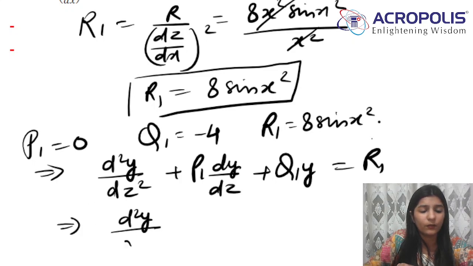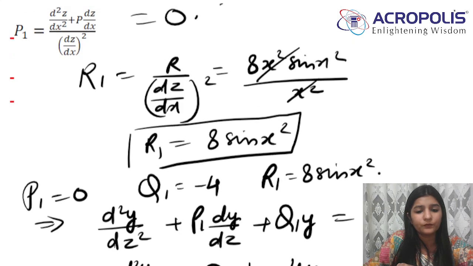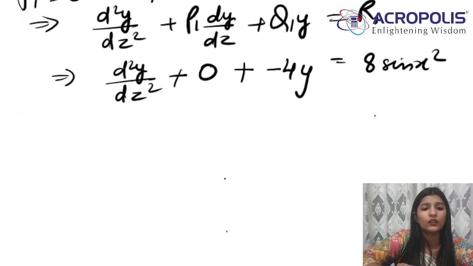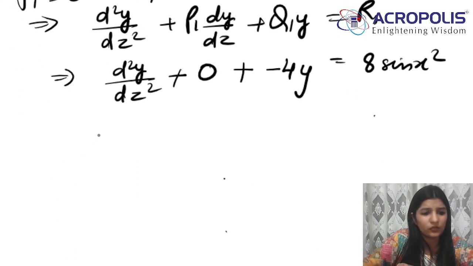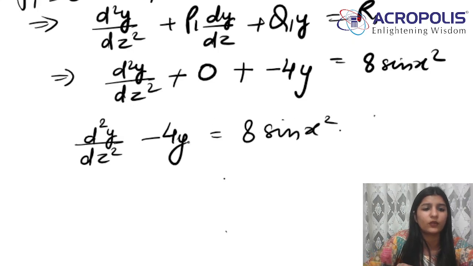d square y by dz square plus P1 dy by dz, the value of P1 is 0. The value of Q1 is minus 4 and the value of R1 is 8 sine x square. So arranging the equation, d square y by dz square minus 4y equals 8 sine x square.